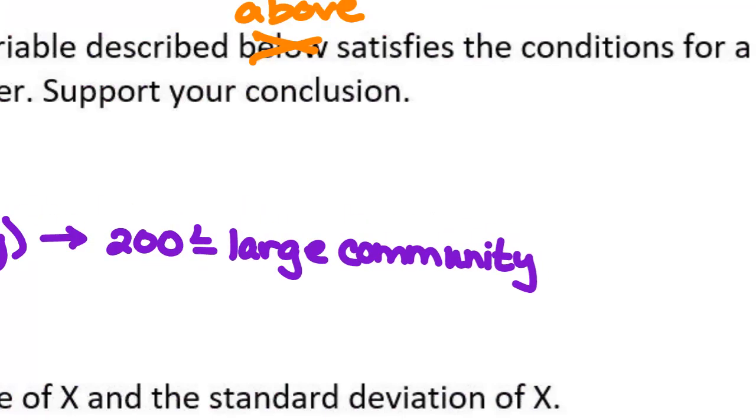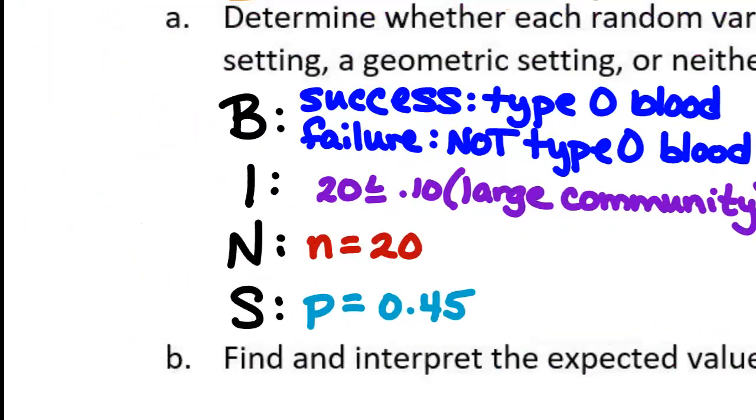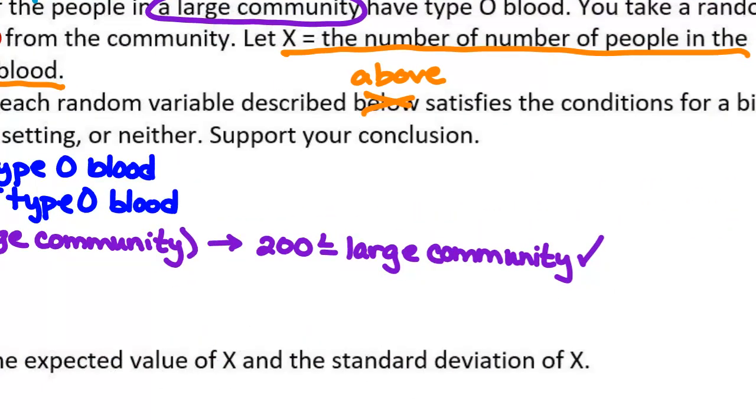Do you think if they're describing it as a large community, it probably has more than 200? Yeah, I wouldn't exactly describe the senior class as a large community, and that's well over 200. So I think this is a reasonable assumption to make. And so we meet binomial, we meet independence because of our 10% condition, yes.